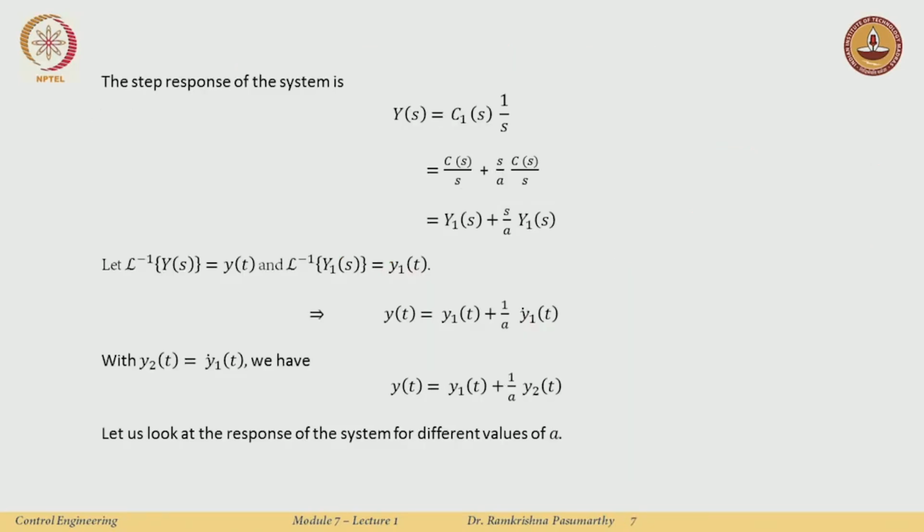Okay. Now, what happens to the response? Well, just for simplicity, take the step response. So, y of s is C1 of s times the unit step, which has a Laplace transform of 1 over s. So, this is C of s over s plus s over a times C of s by s, right. Where does this come from?